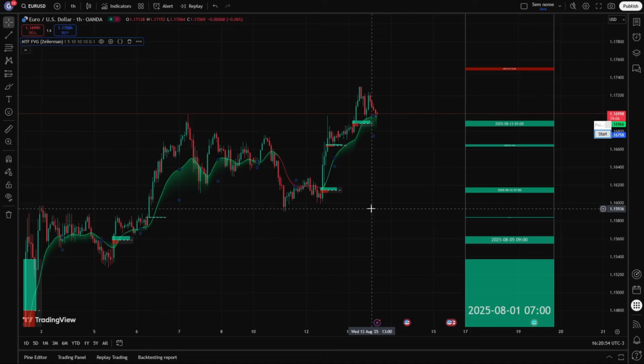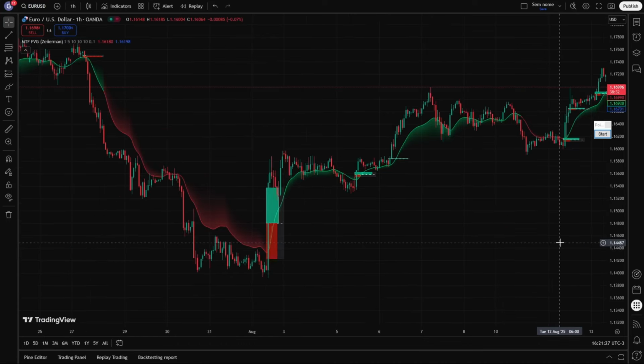Well, you can use it for a few things: marking institutional support and resistance zones, confirming entries in the direction of the main trend, identifying possible traps or reversals, and organizing your trading plan based on gap zones that haven't been filled yet. By combining the FVG with other elements of your analysis, you can gain more clarity and confidence in your trades. Now, let me show you how I like to use this indicator together with pullbacks.